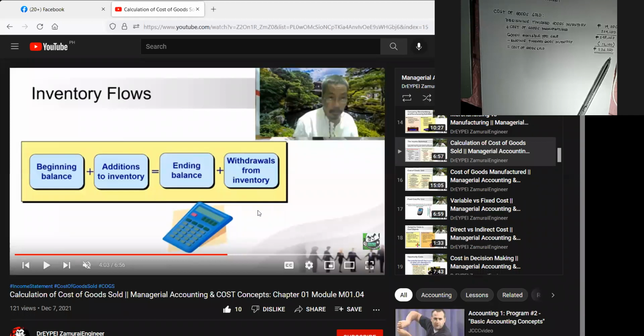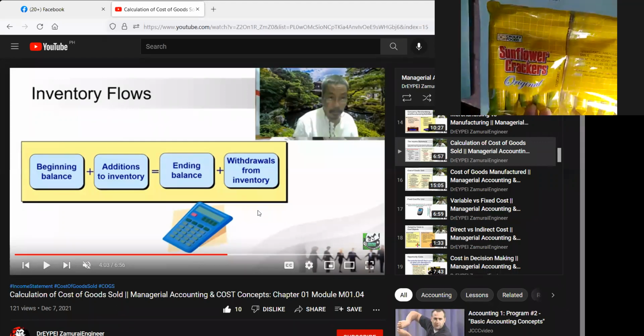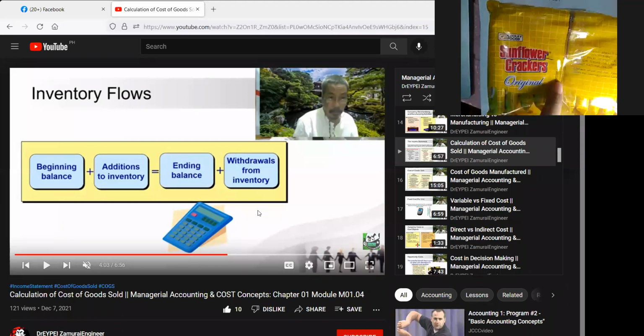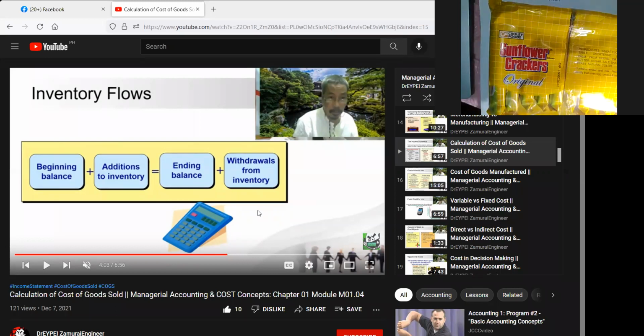Record how many times you withdraw from your crackers for your own consumption. Your own consumption is what we call withdrawal.